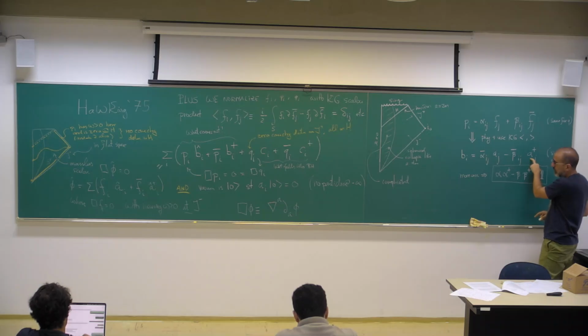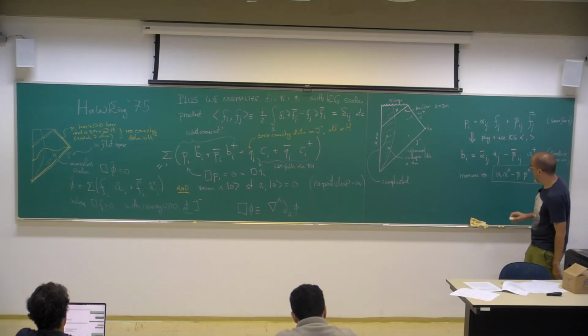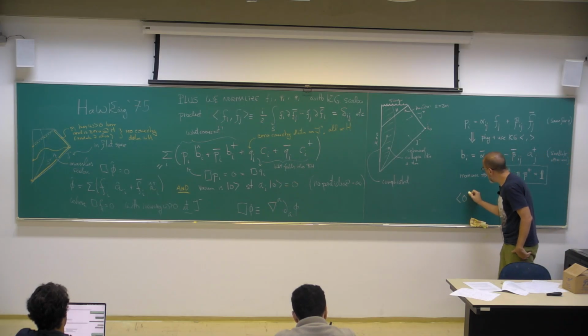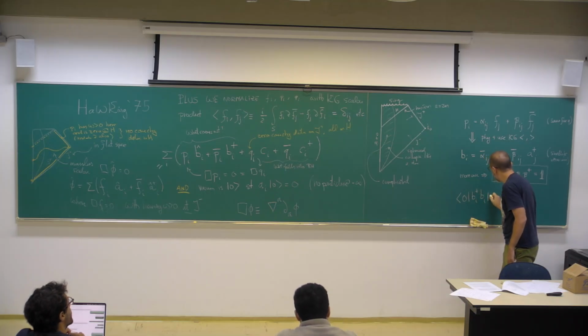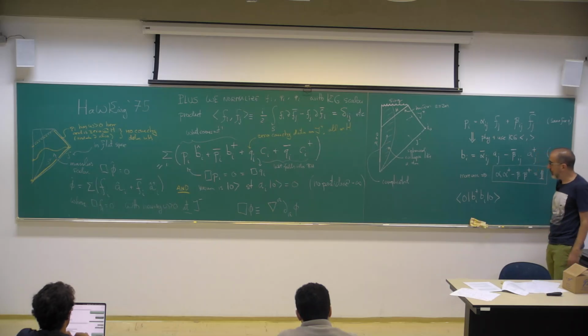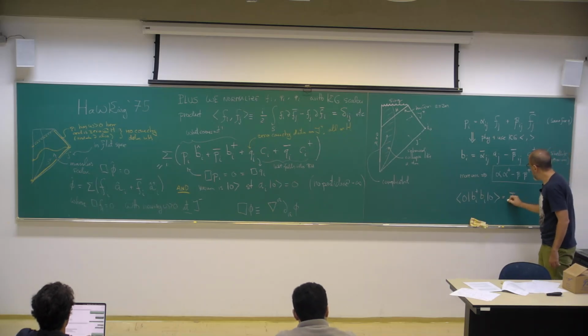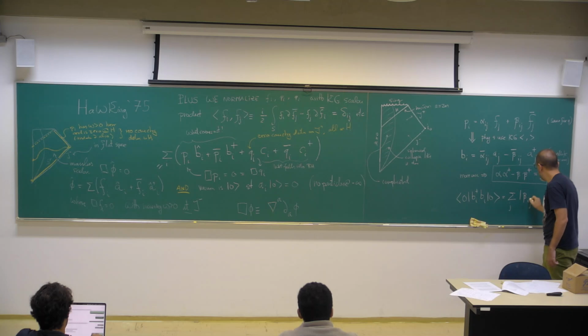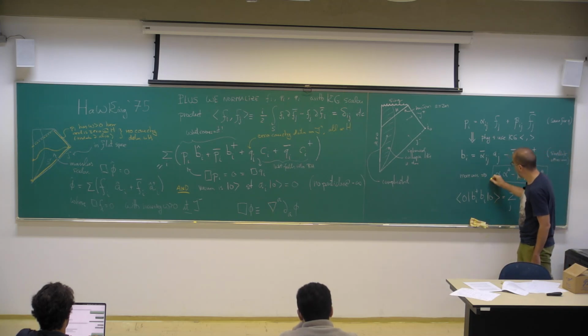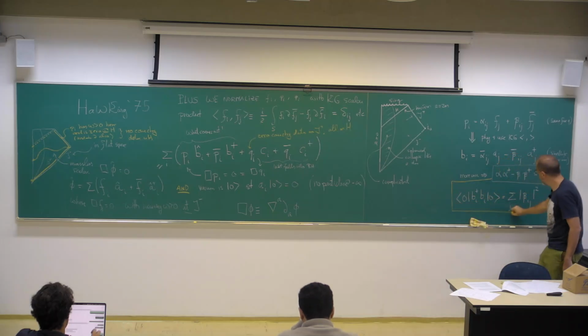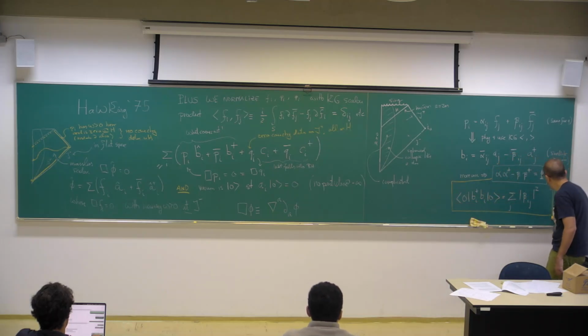And therefore, we conclude that the expectation value of B_i dagger B_i, how many particles I see in the future, is actually given by the sum over j of the absolute value of beta ij squared. Very important.